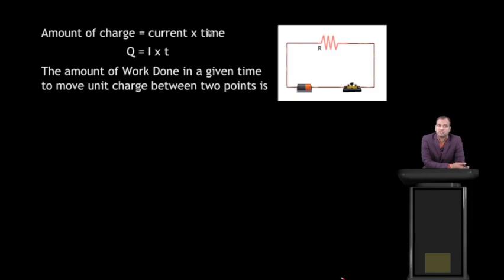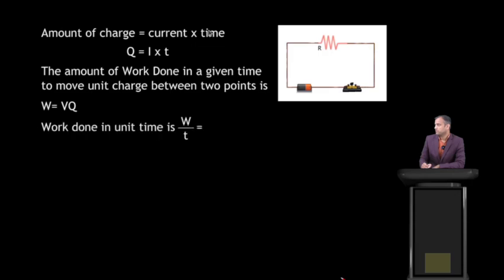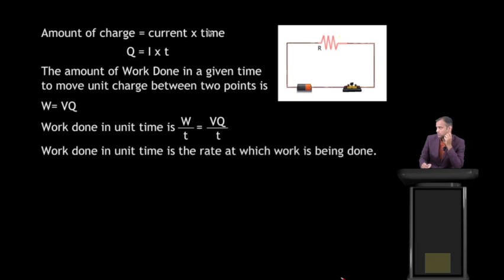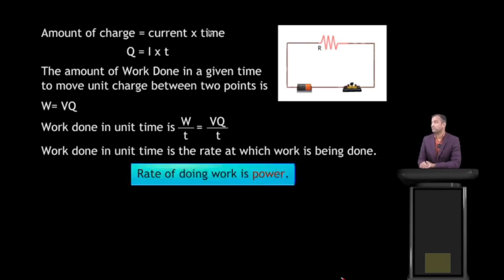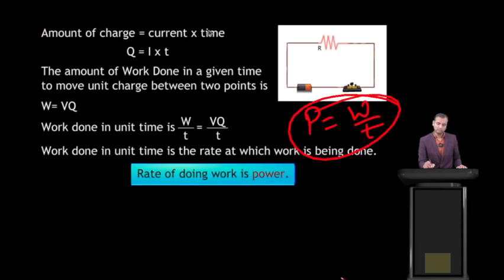The amount of work done in a given time to move unit charge between 2 points: V equals W over Q and W equals V into Q. So work done in unit time is V Q over T. Work done in unit time is the rate at which work is being done, and the rate of doing work is power. It means power equals W over T. So from here we can find the formula of power.